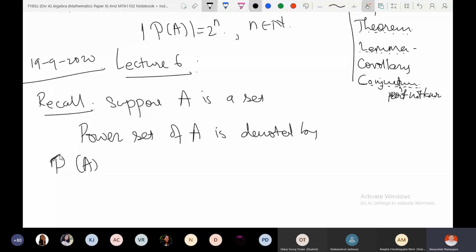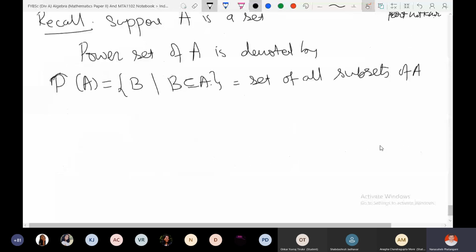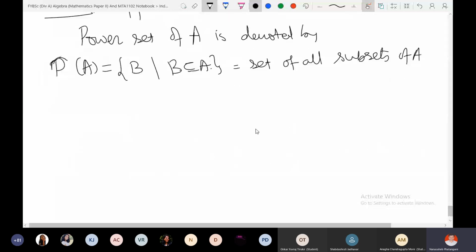And what is it? The set of all subsets B such that B is a subset of A. All those sets which are subsets of A, or the set of all subsets of A. We also saw some examples, and then we were interested in counting the number of elements in a power set.